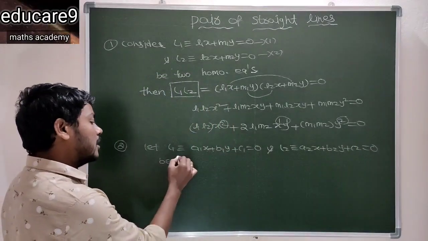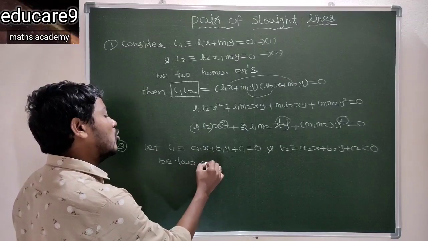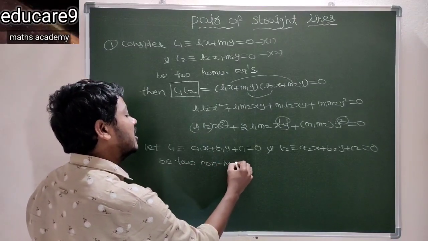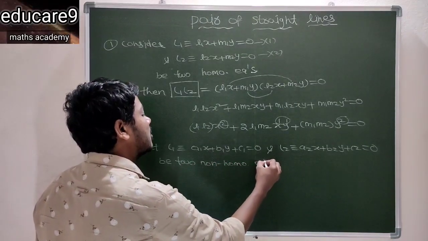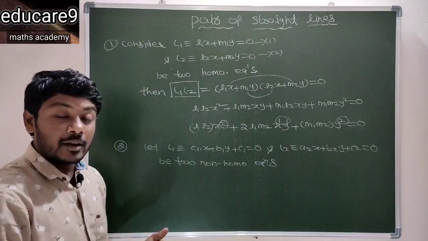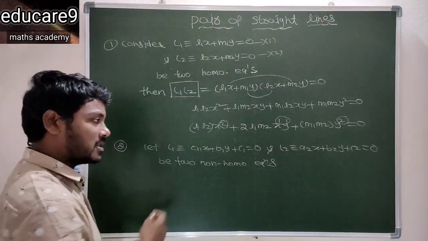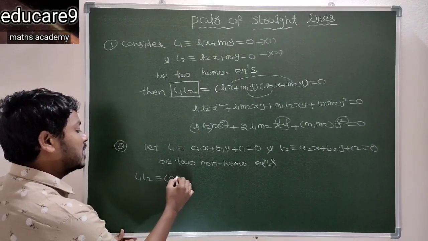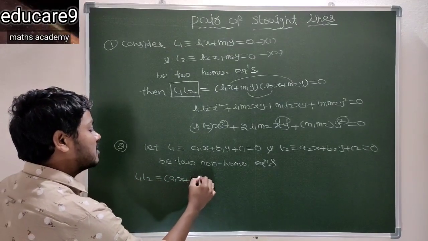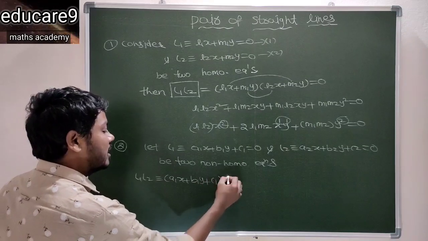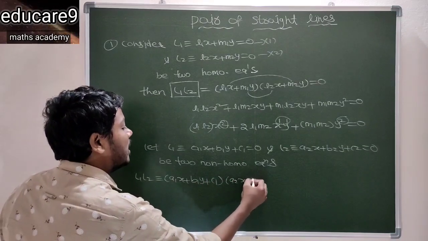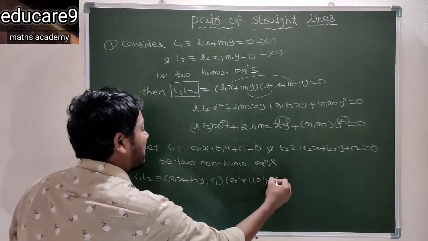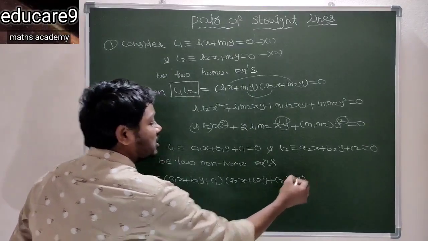So these are two non-homogeneous equations. Then the product of two non-homogeneous equations, L1 into L2: A1x plus B1y plus C1 into A2x plus B2y plus C2 is equal to 0.